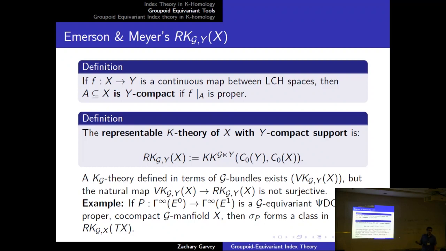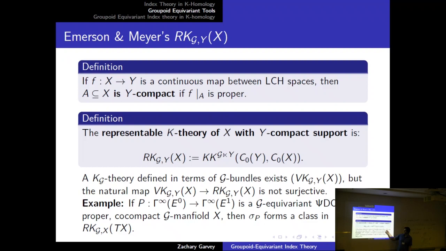So Emerson and Meyer have a really nice paper on this, where they describe basically different ways of viewing this. And one of the really interesting things about this representable K-theory is that if you try to define it in terms of G bundles, like ordinary topological K-theory, you would want to define it with G bundles. If you remember how we defined K-theory before, it's two vector bundles and a homomorphism that's an isomorphism outside a compact set.